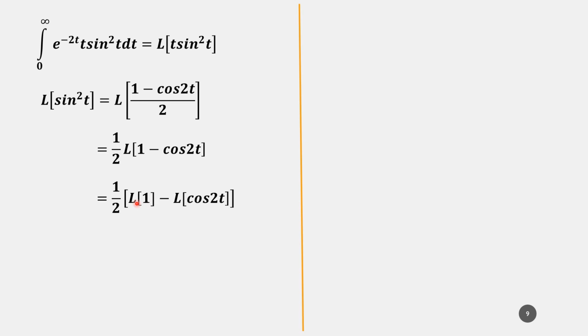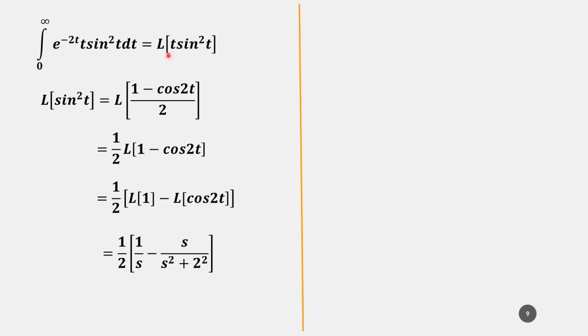Now L of 1 is 1 by s. L of cos 2t is s upon s square plus 2 square. So now we have L of sine square t equal to 1 upon 2 into (1 by s minus s upon s square plus 2 square). So we have calculated L of sine square t. Now we have to calculate L of t sine square t.